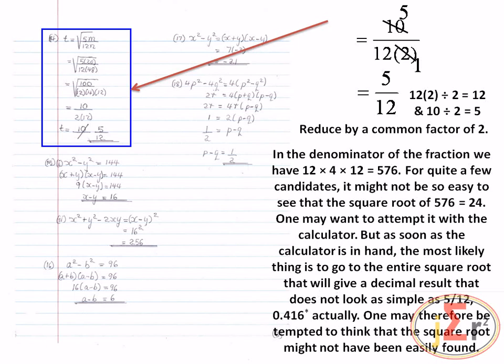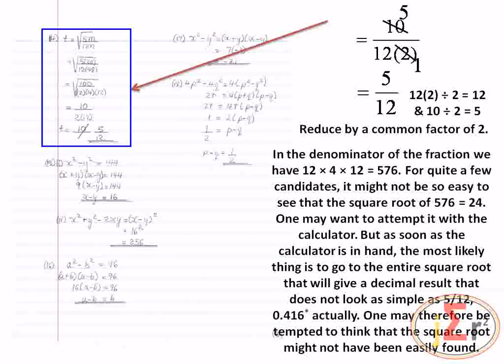Therefore, if you take your calculator and find the square root of the entire expression, the result will be 0.416 with the 6 recurring. It will not be easy for you to see, based on the result that you get, that the square root of the arithmetic expression may be easily found.